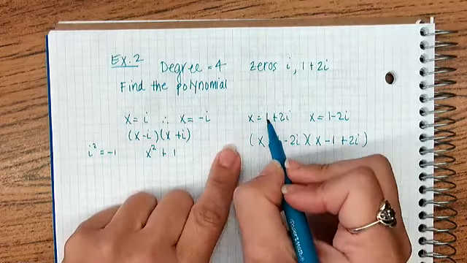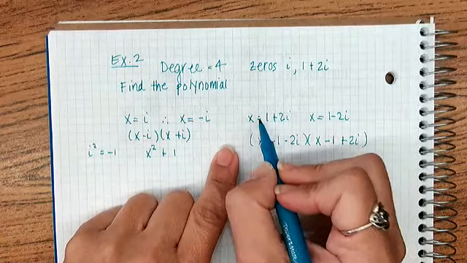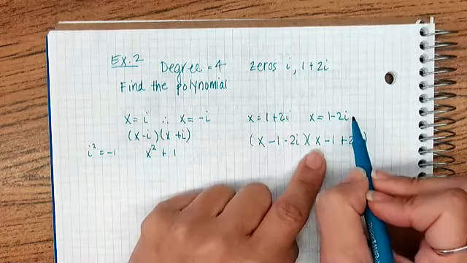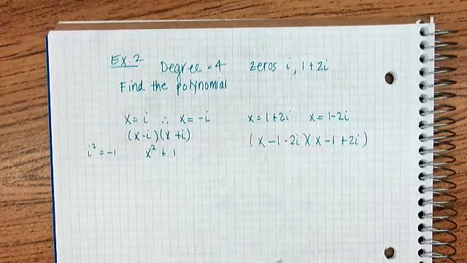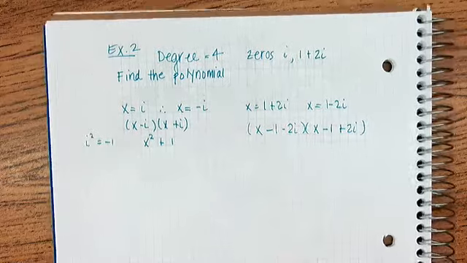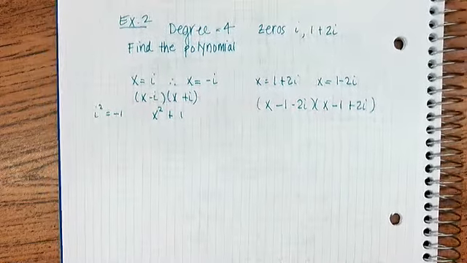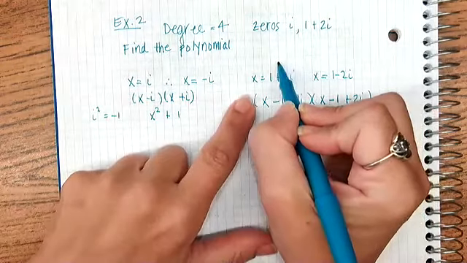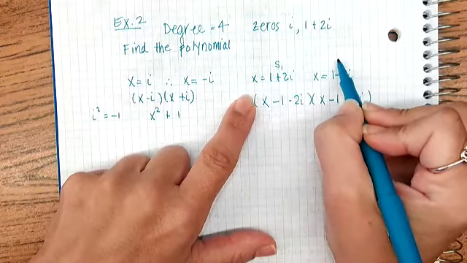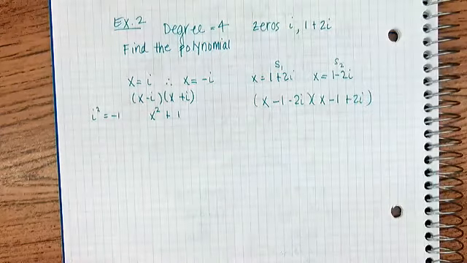Set this equal to 0, subtract 1, subtract 2i. Set this equal to 0, subtract 1, add 2i. Multiply it all out, use the box. I'm going to do b over a, c over a. So this is my solution 1. This is my solution 2.